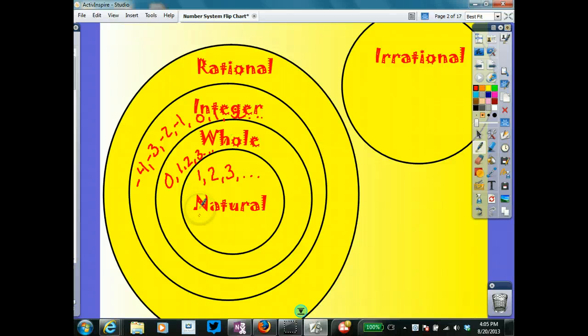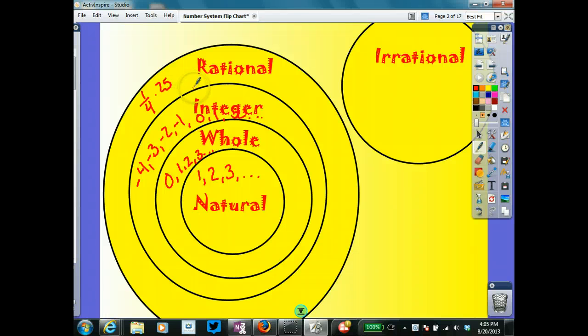Now, as I move up to rational, rational numbers do include all integers, all whole numbers, and all natural numbers, except there are some fractions and decimals included. For example, here I have 1/4, which in decimal form is 0.25. Rational numbers include decimals that are either terminating, which means they stop, or they have a repeating pattern that goes on and on.